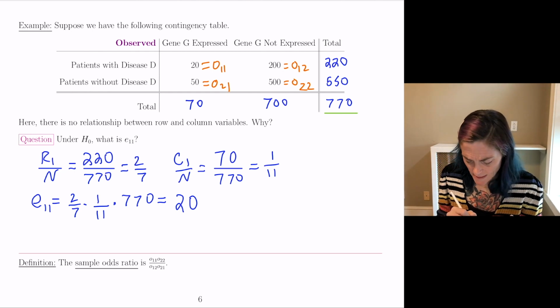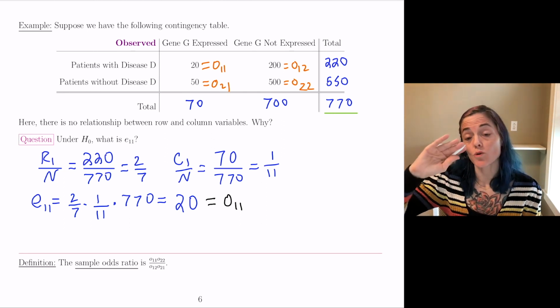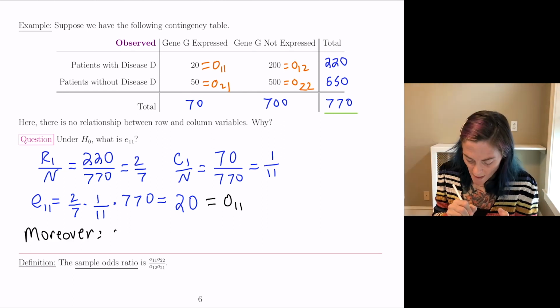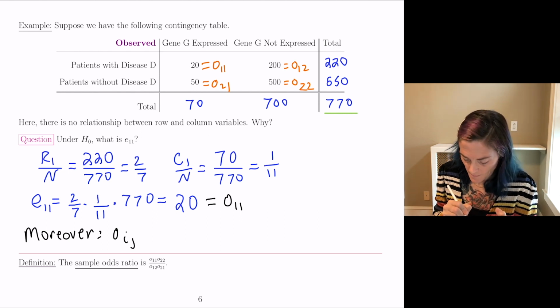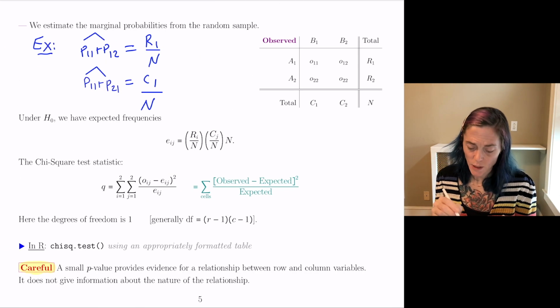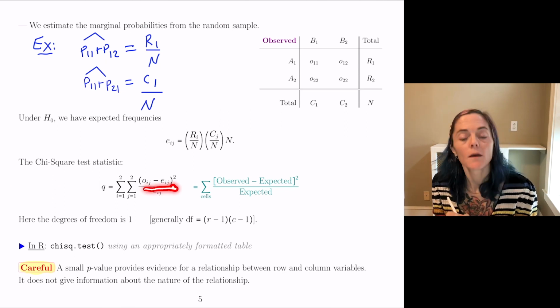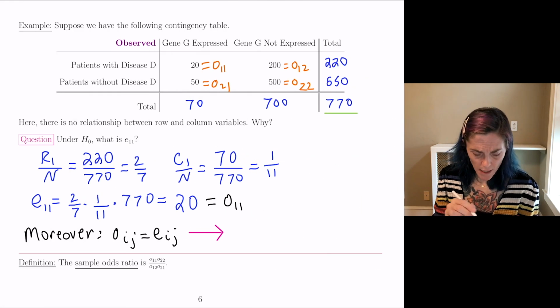Well, you notice this is exactly O11. Moreover, if you went through each cell, you would be able to see that O_ij equals E_ij. And so if we go back to our statistic, you see the numerator for every cell is 0. So my Q is 0.